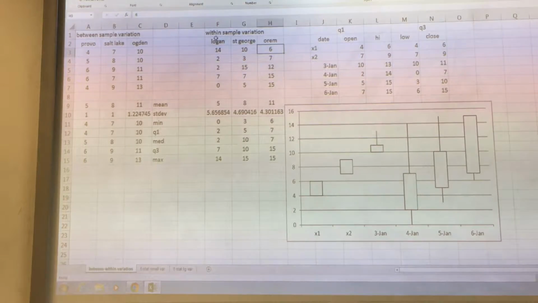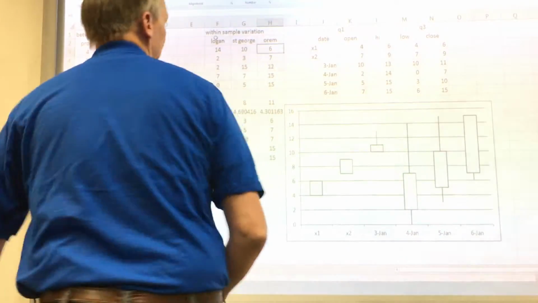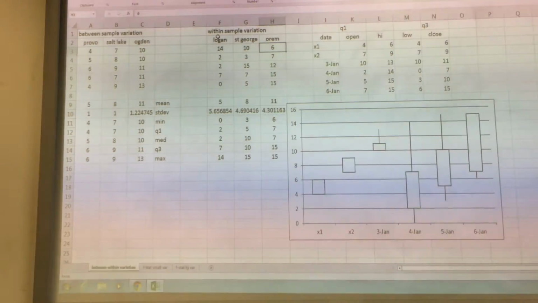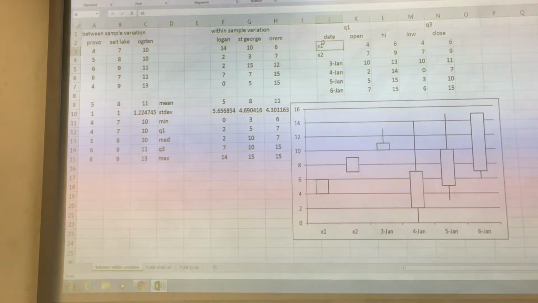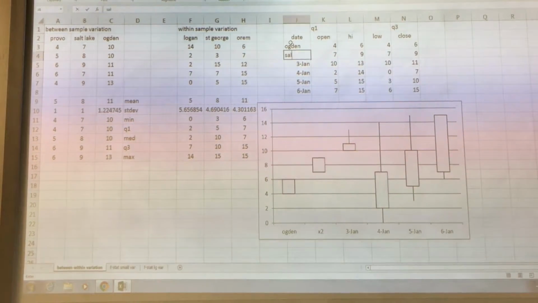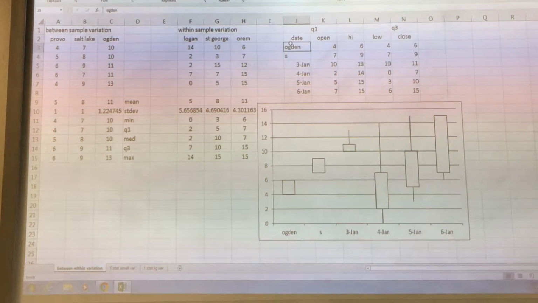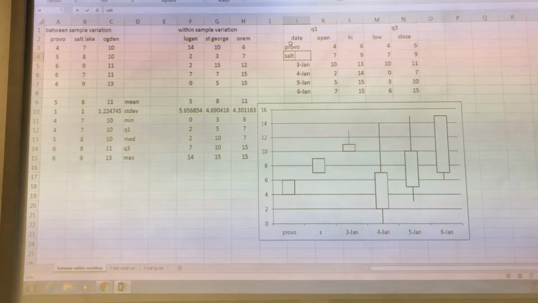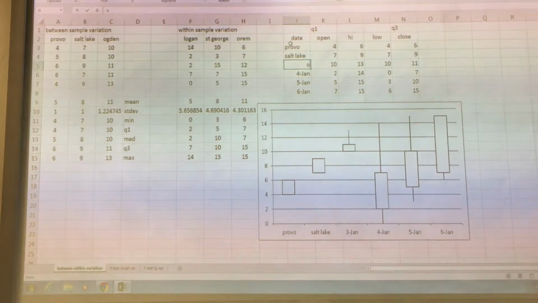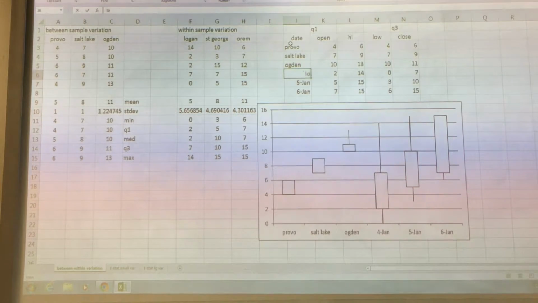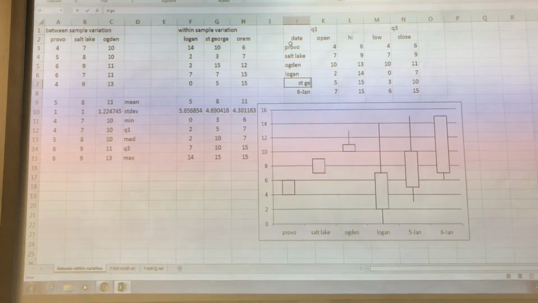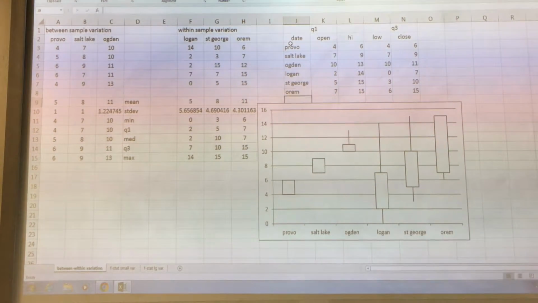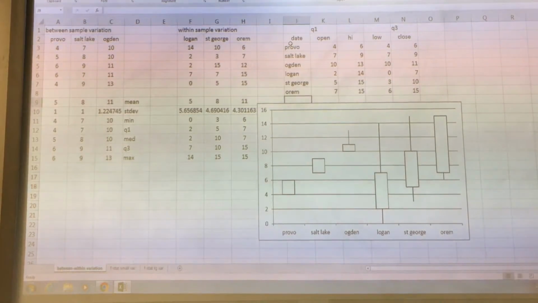It's fake data, but it makes more sense. Let's do this one more time: Provo, Salt Lake, Ogden; Logan, St. George, and Orem.